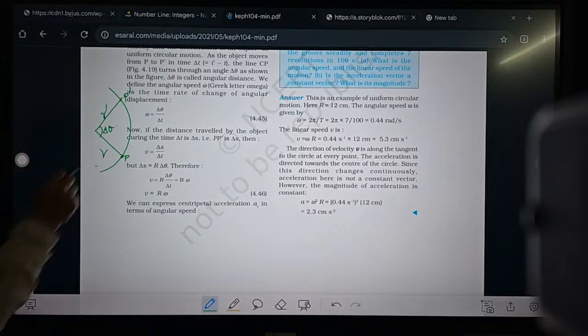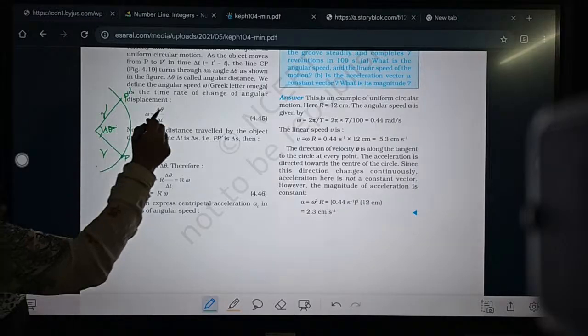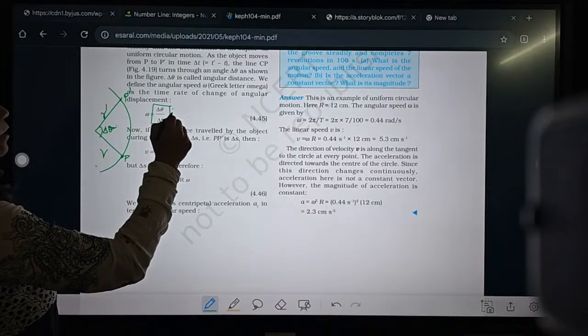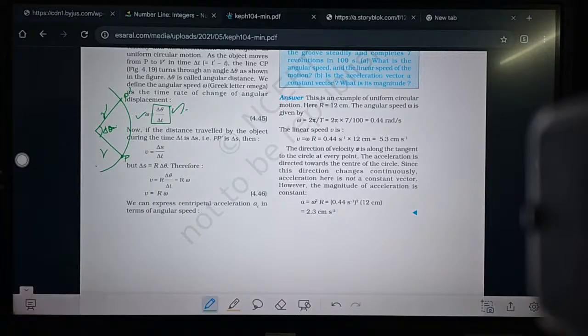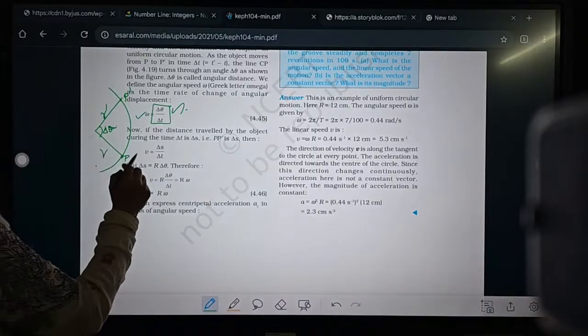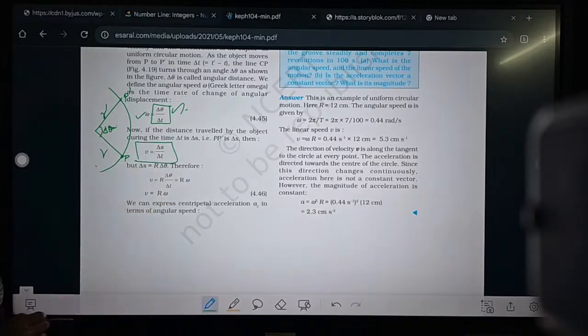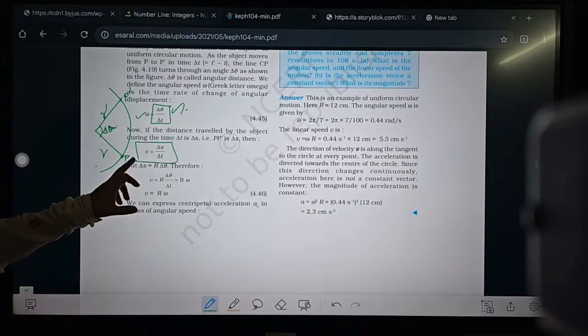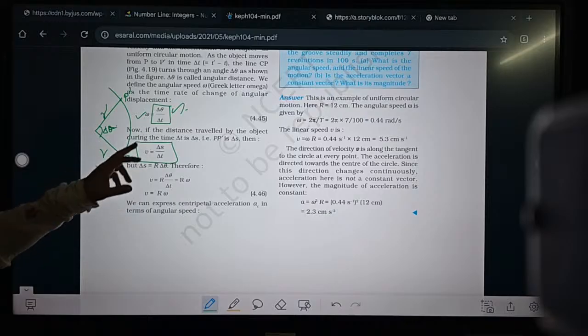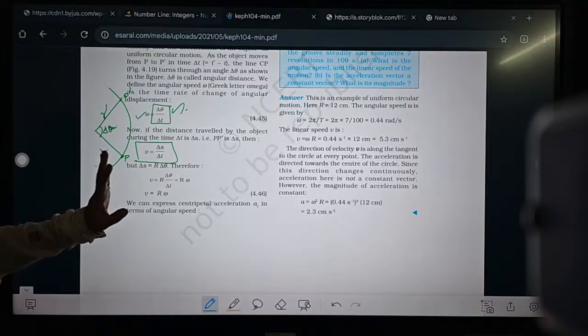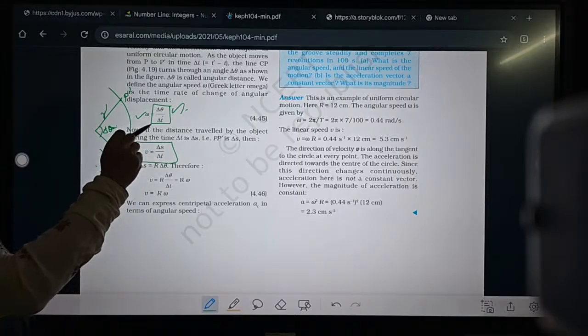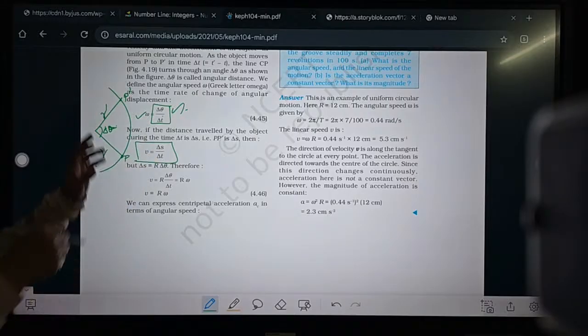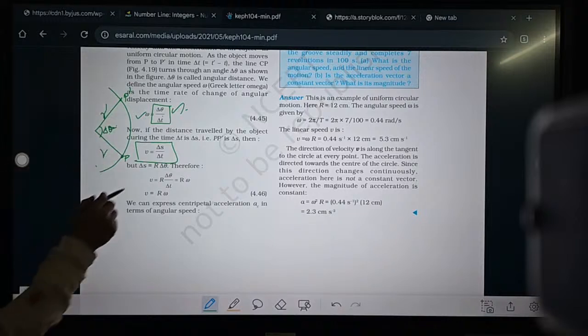The rate of change of angular displacement is the angular velocity, characterized by the letter omega. What does v stand for? It is the linear velocity, the rate of change of linear displacement. Here it is angular displacement. So there is a relationship between the angular displacement and the linear displacement, which is what is given here.